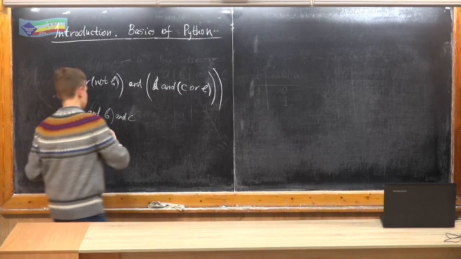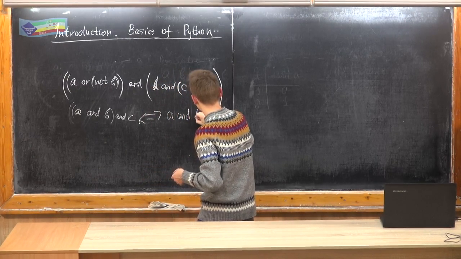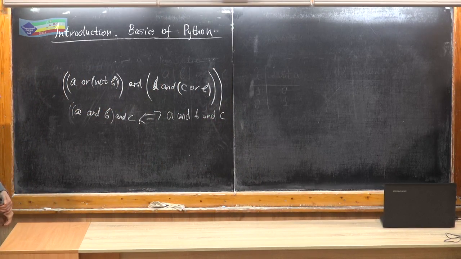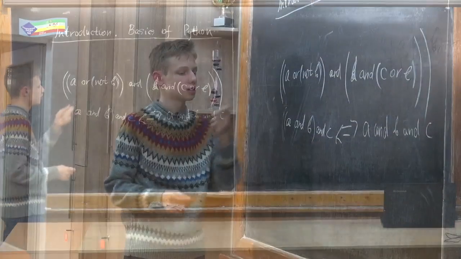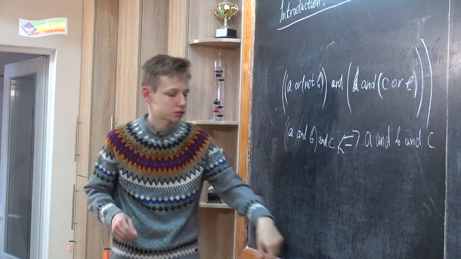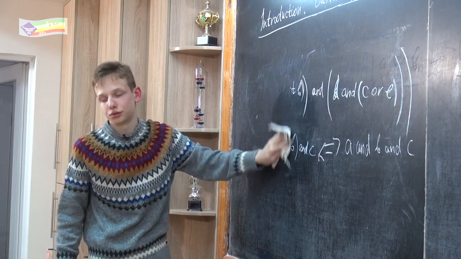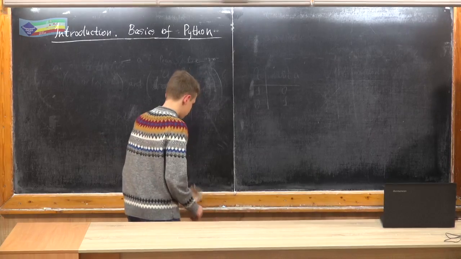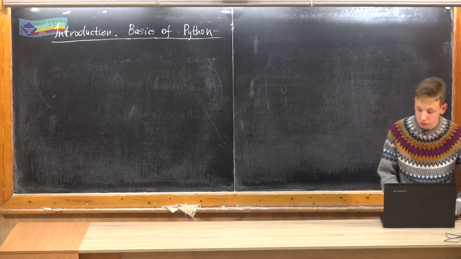It's the same as A and B and C. But to not confuse yourself, and so you don't have to remember which statement is stronger or which is weaker, you can just write brackets every single time to be sure. And now I will show you an example of such monstrous conditions in the code.